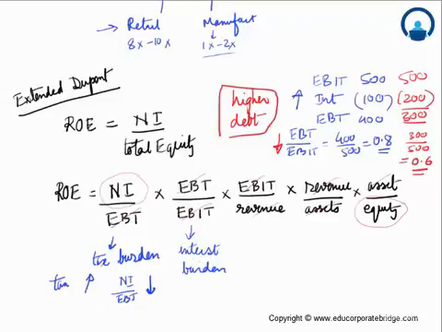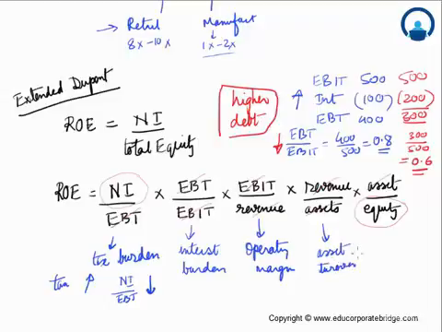Now the third term that we have is EBIT divided by revenues. This is nothing but your operating margin, and we understand the implication of operating margins. The higher this margin, the better it is for the company. Revenue divided by assets is your asset turnover.